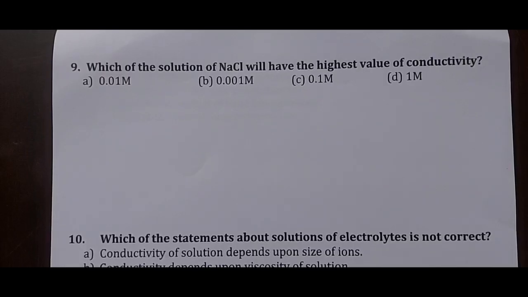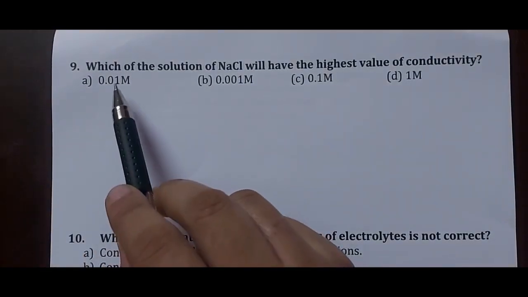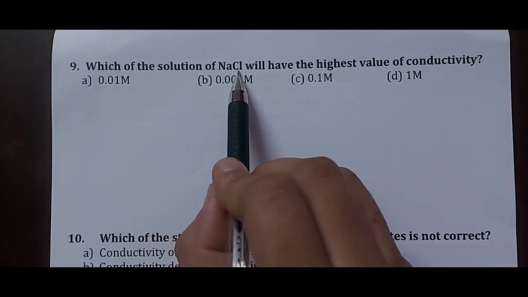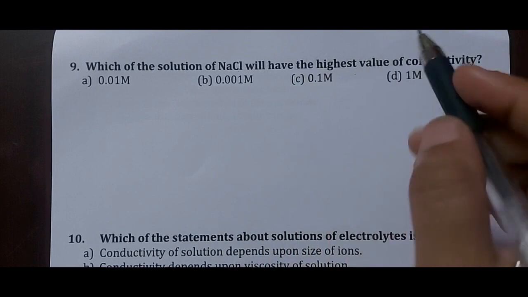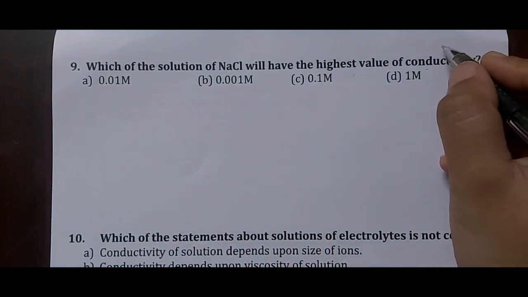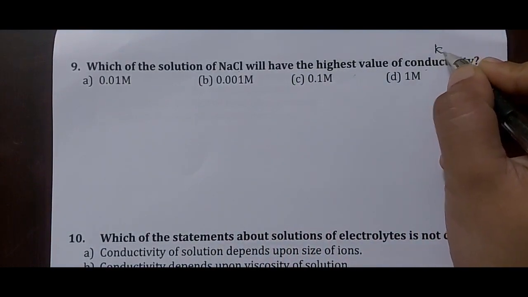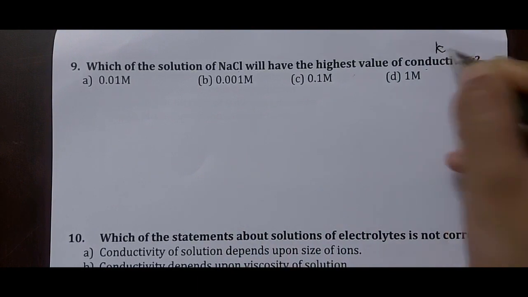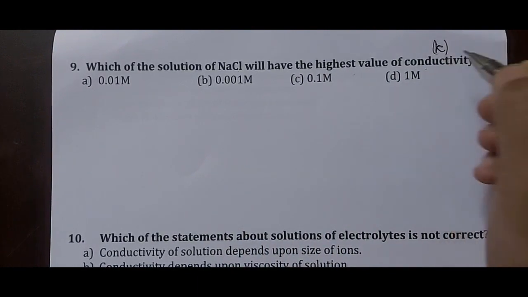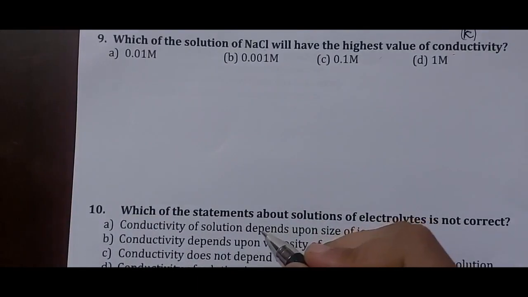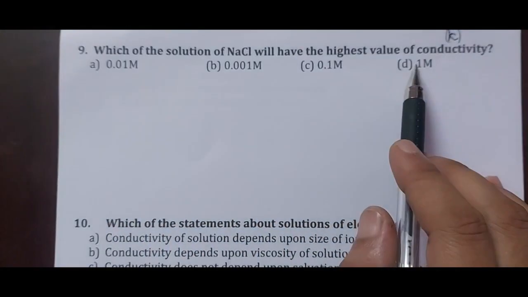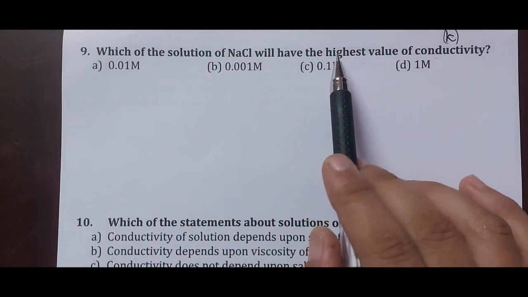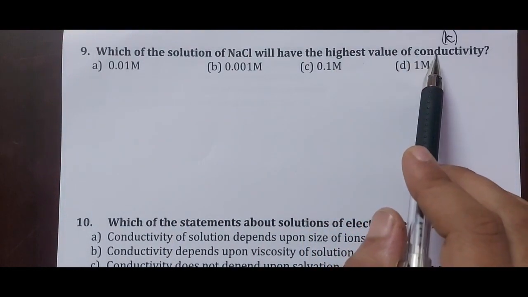Next is question number 9. Which solution of NaCl will have the highest value of conductivity, or even sometimes they ask it as specific conductivity, which we represent by the letter kappa. So if you consider here, all are having different concentrations. So the one which has the highest value of conductivity they have asked.